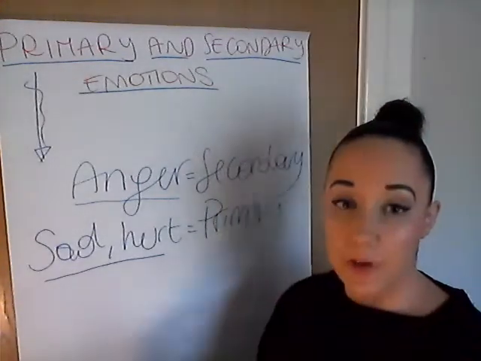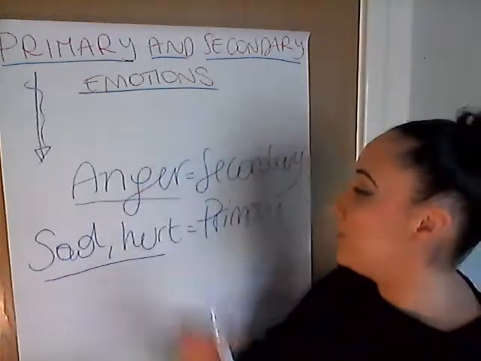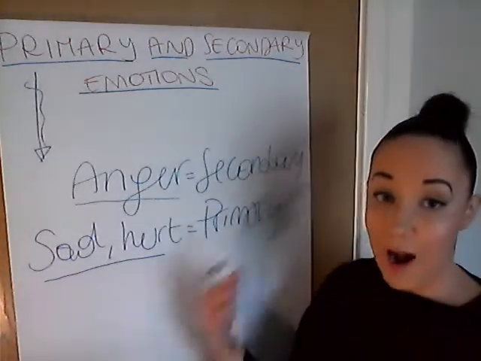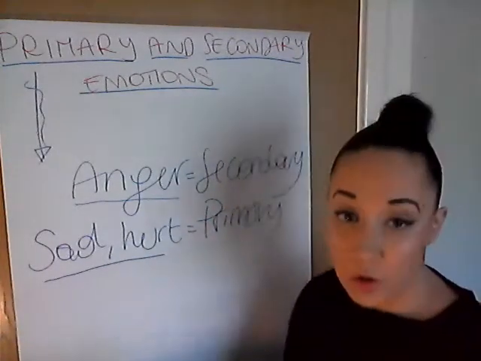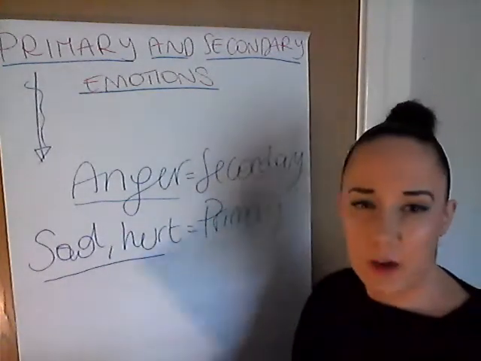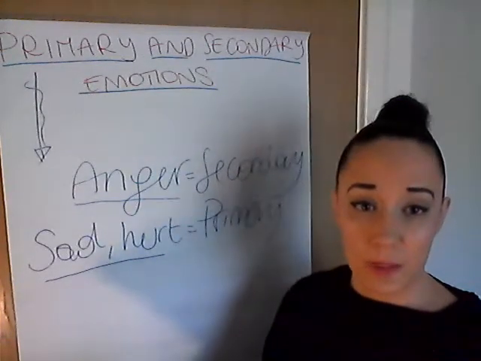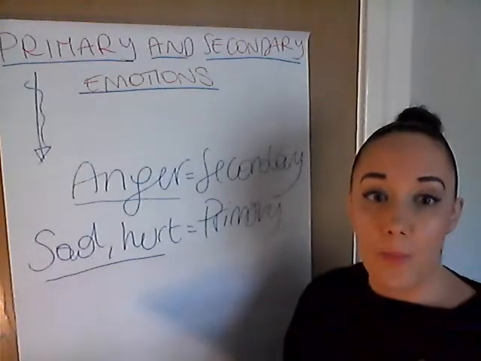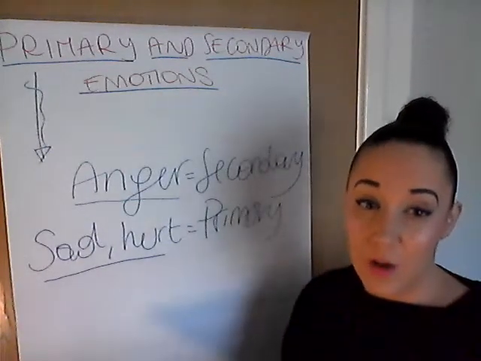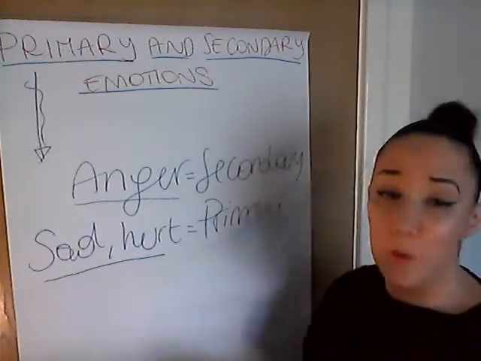But I'm afraid to feel those things. I don't want to feel those things, so I go and I feel anger instead. So anger would be my secondary emotion. It's much easier to deal with, it's out there, and people are not scared of it either, you know what I mean? People that are around us are sometimes more scared about things like sadness, about things like anxiety, for example, about fear.